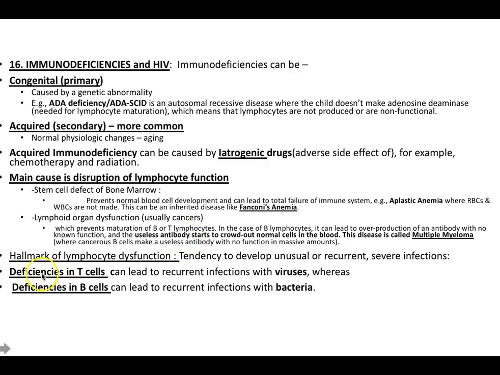And what we now know is that if the deficiencies are mainly in T lymphocytes, these individuals will have recurrent viral infections. And if the deficiency is in B lymphocytes or B cells, they tend to have recurrent infections with bacteria.